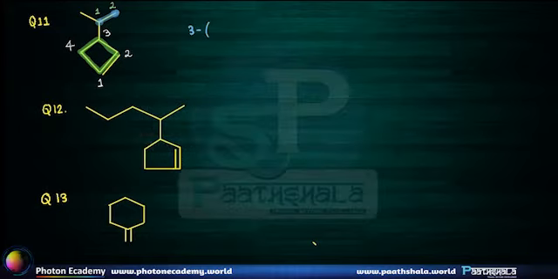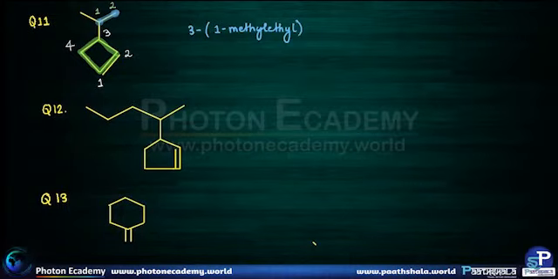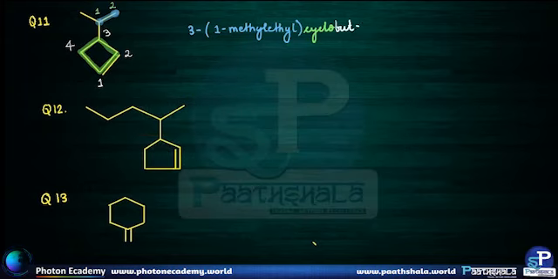On the third position there's a complex substituent, so a bracket will be used: 3-(1-methylethyl). Then cyclo will be used because our main chain is cyclic this time, and the correct word root will be cyclobut-1-ene. So this is the correct IUPAC name for this compound.